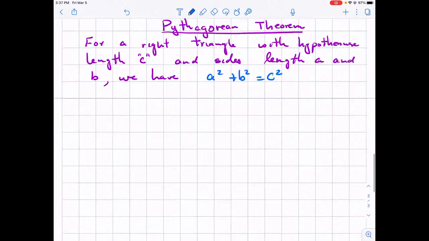So what it's saying is that if we have a triangle, it has to be a right angle triangle. So here is the right angle triangle. And if this is C, and it doesn't matter, this could be A and that could be B, or vice versa, because this side doesn't matter.